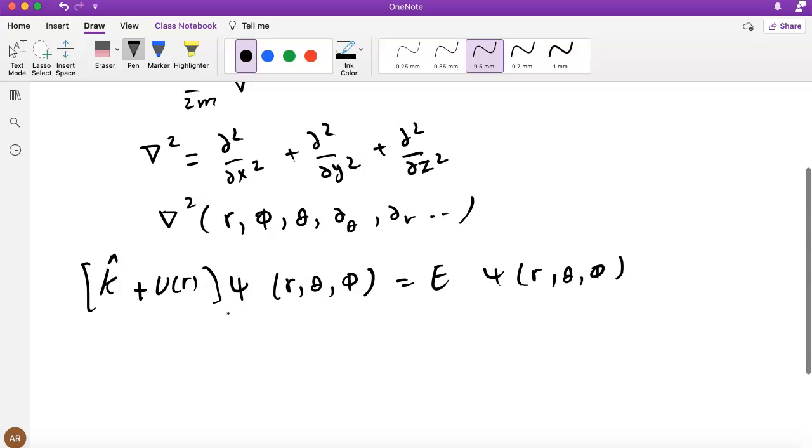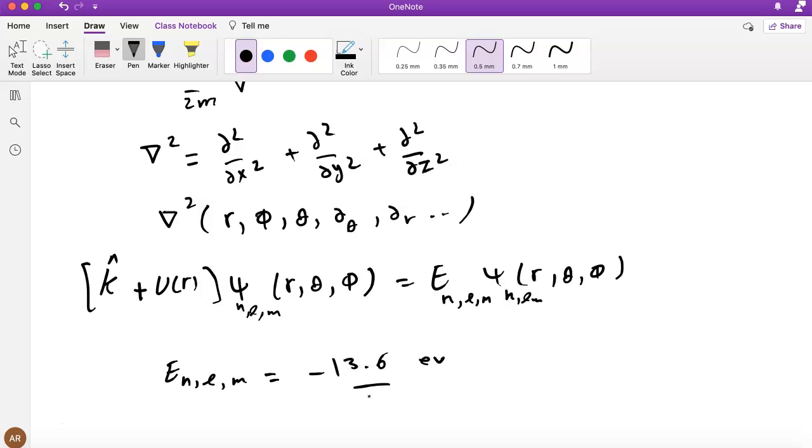basically the solution was that we have these energies that depend on one quantum number, but they're degenerate. So there are 2 other quantum numbers. The energy of a state only depends on n, and we found it to be minus 13.6 electron volts over n squared.